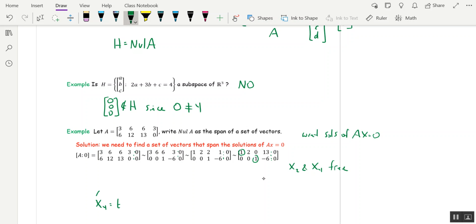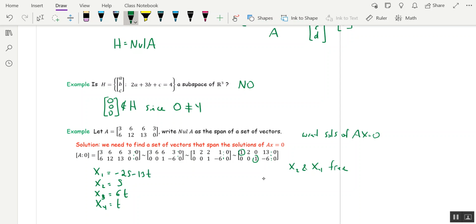Let's call it t. x3, sorry, 3 comes before 4, x3 is 6t. x2 is free since there's no pivot in the second column, so I'll call it s. And finally, x1 is negative, remember, the colon is like an equal sign, so negative 2s minus 13t.